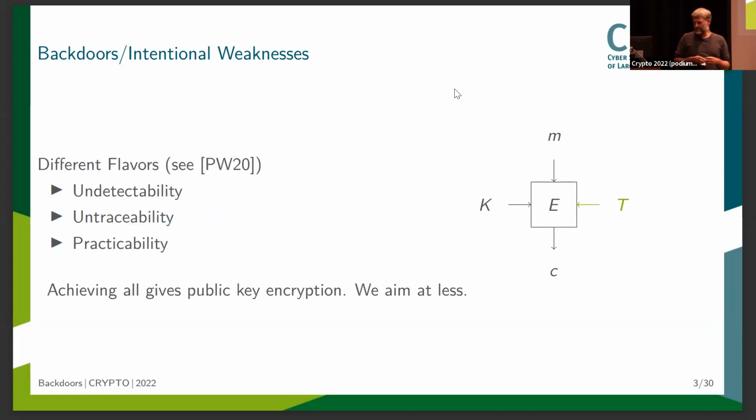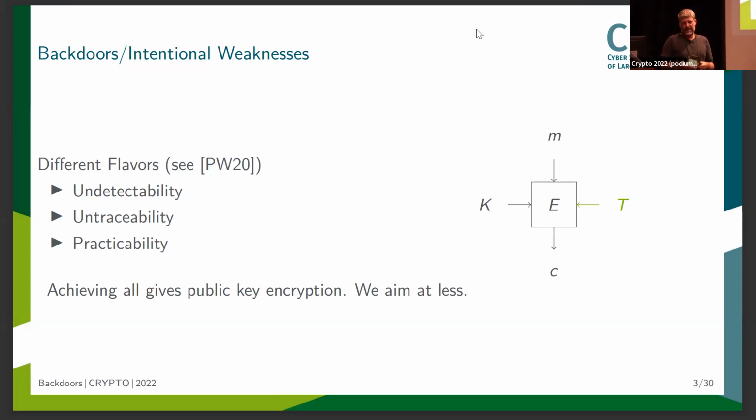So there are many different flavors of backdoors, and they can have very different properties. I'm not going to define this precisely in the talk, but just give you an idea what I mean. The main properties that we were interested in are undetectability, which means you will not find the backdoor. Otherwise, it's not a good backdoor. Untraceability means that if somebody uses the backdoor, you're not able to tell.